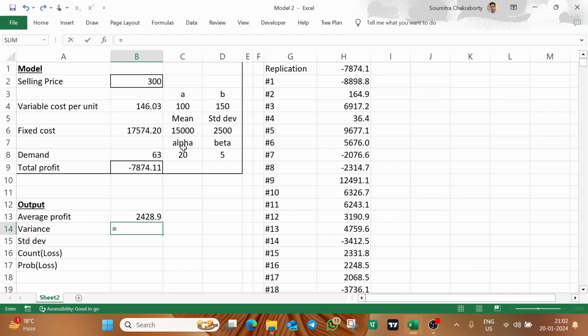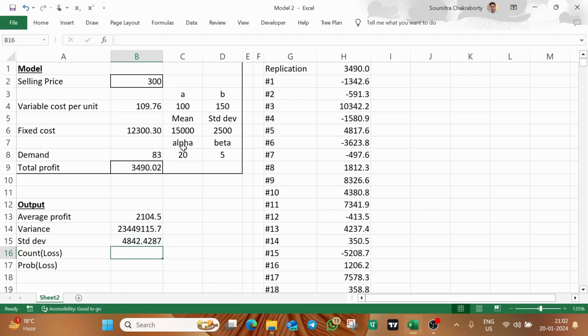So average HH gives you the average profit. Then what is the variance? VAR.S of again HH. This gives you the variance. And then the square root of this variance gives you the standard deviation. And for the count of losses, you have used the COUNTIF formula in the previous episode.